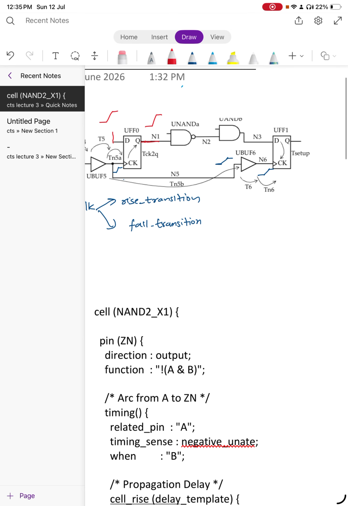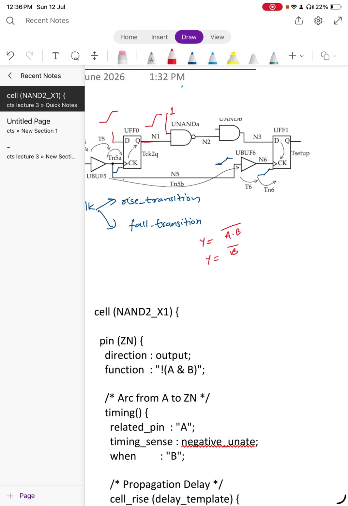And now talking about this NAND gate, how to calculate the transition, because we don't have any information about this particular pin. So let's assume that this is 1. If this is 1, so let's say Y is equal to A dot B bar. So if A is 1, then Y is equal to B bar.